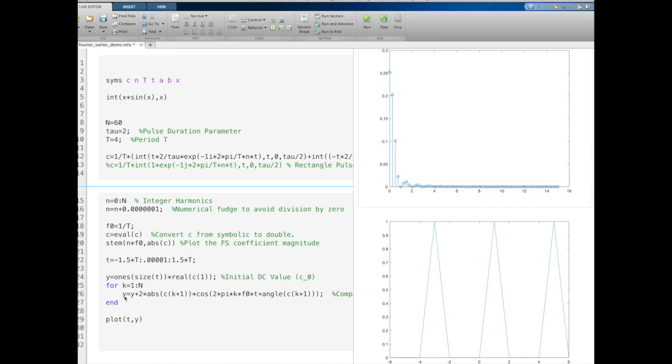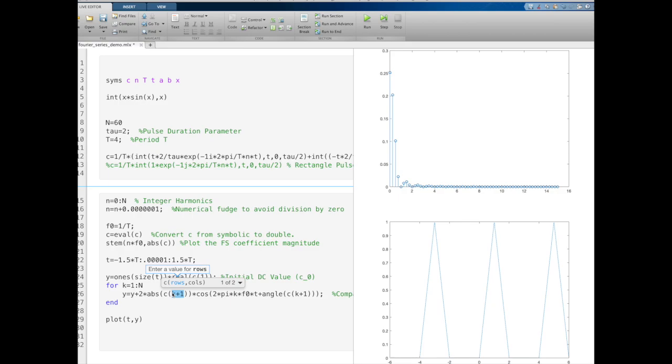So down here you see this for loop. We're adding in every term. I have 2 times absolute value of C, the C_k's, times cosine 2 pi k, and so forth and so on. Notice if you're paying attention to details, there's a k plus 1 here. The reason that's there is MATLAB starts its indexing at 1 instead of 0.